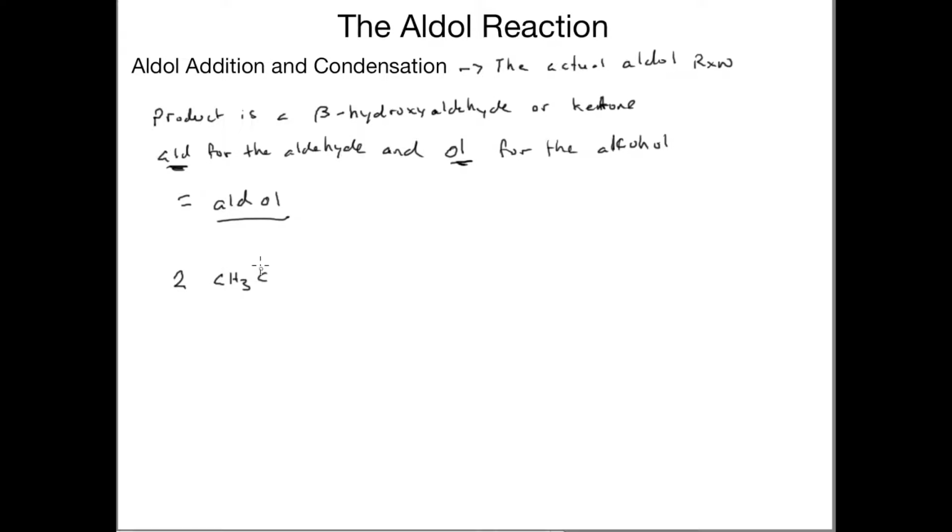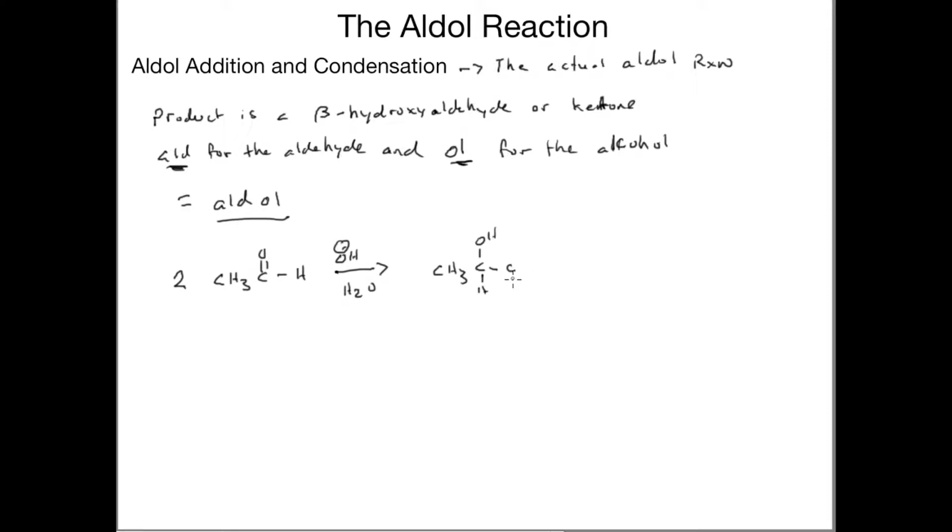Okay, so for this, if I were to take two equivalents of this aldehyde and treat this with base, so let's just use sodium hydroxide here, of course, I would form the enolate, and then that enolate would add to another one of these aldehydes.